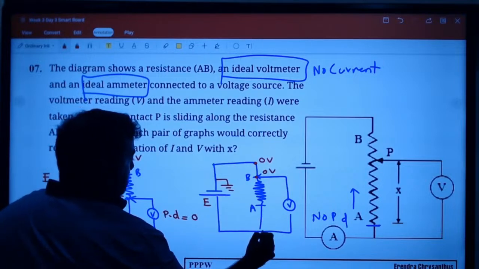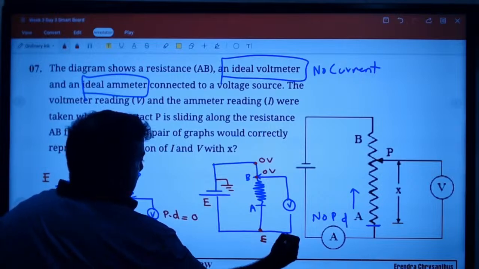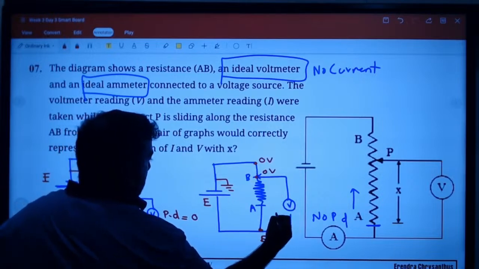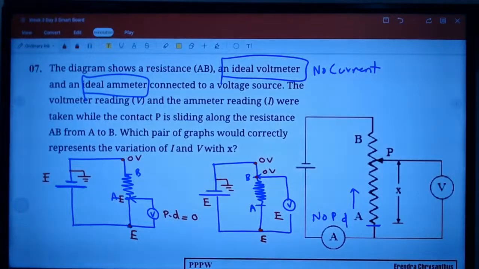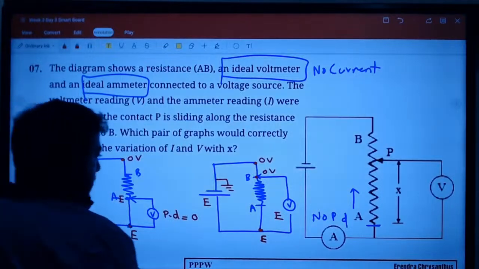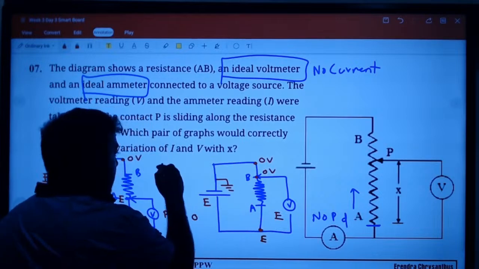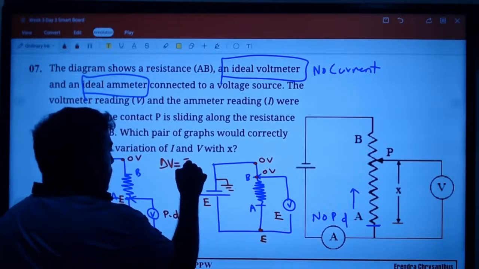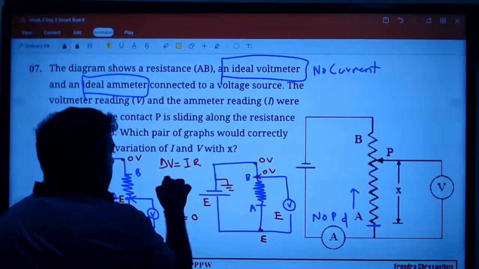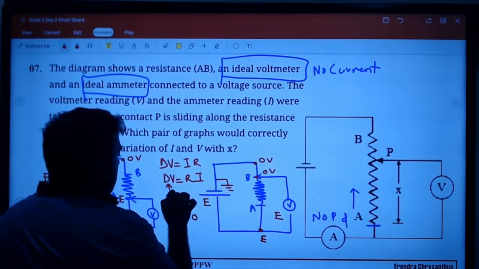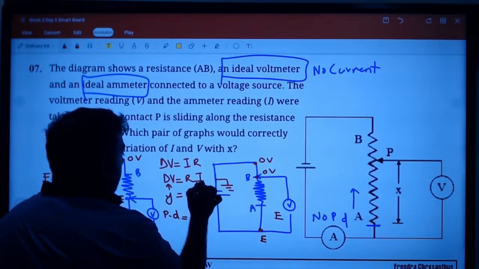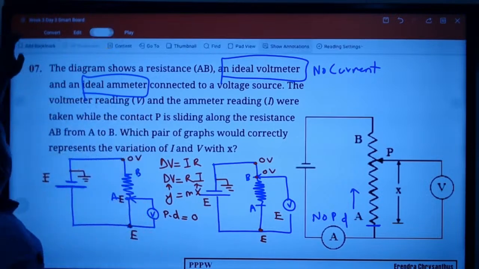Here E means this part is E. So E and 0 means the potential difference is E. So across the resistor the voltage will vary. V is equal to IR, so voltage varies like a straight line, Y is equal to mx form. Don't worry.